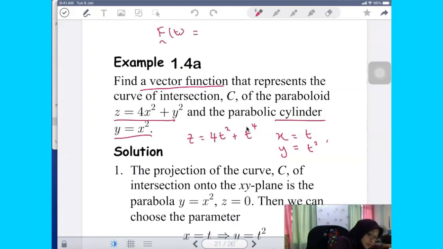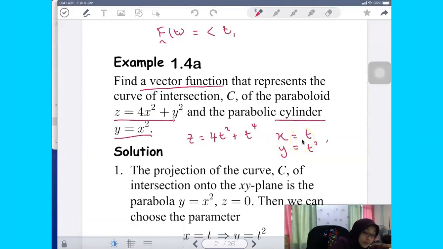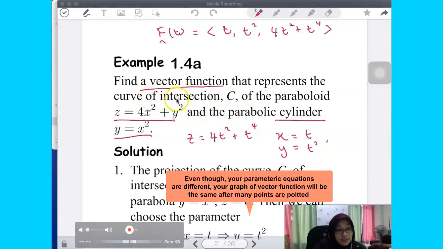Then just copy all the components, which are your parametric equations. So your x is t, your y is t squared, and your z is 4t squared plus t to the 4. So that is your vector function of the curve of intersection between this paraboloid and this cylinder.